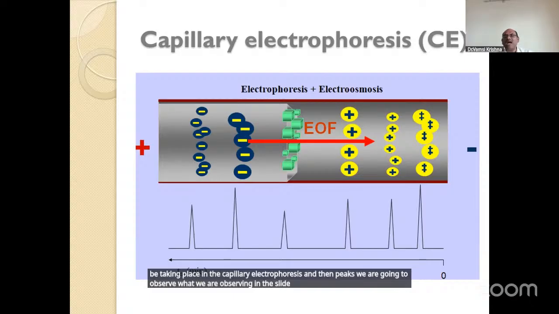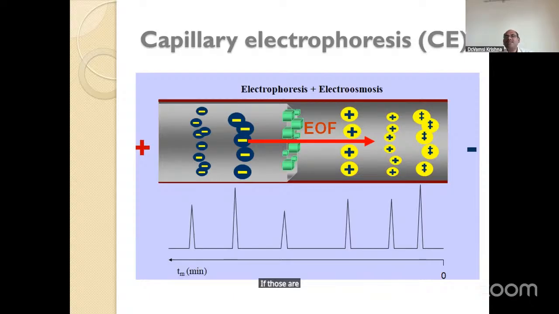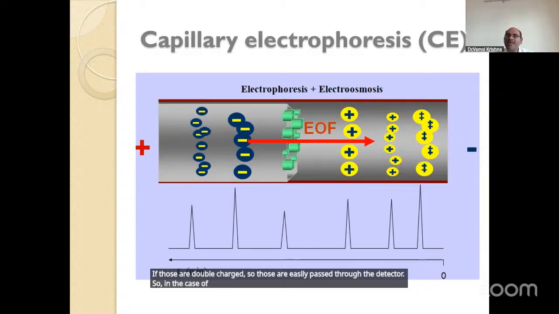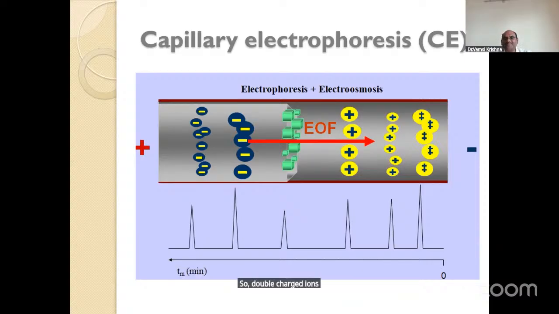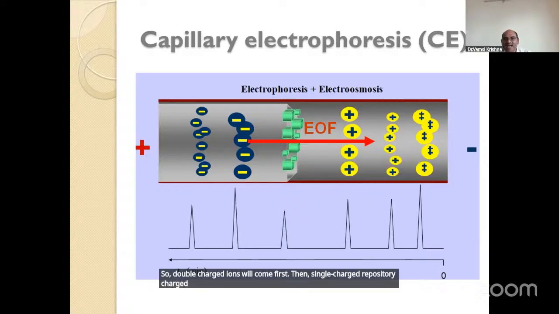Based upon the charge, if ions are double charged, they pass easily through the detector. In the normal polarity mode, we place a cathode at the outlet, so cations will move fast. Double charged ions will come first, then single positively charged ions. Then positively charged ions with a very large radius come later.